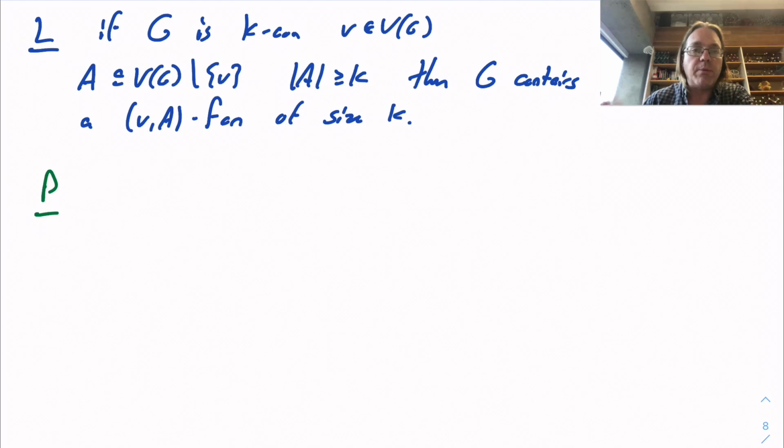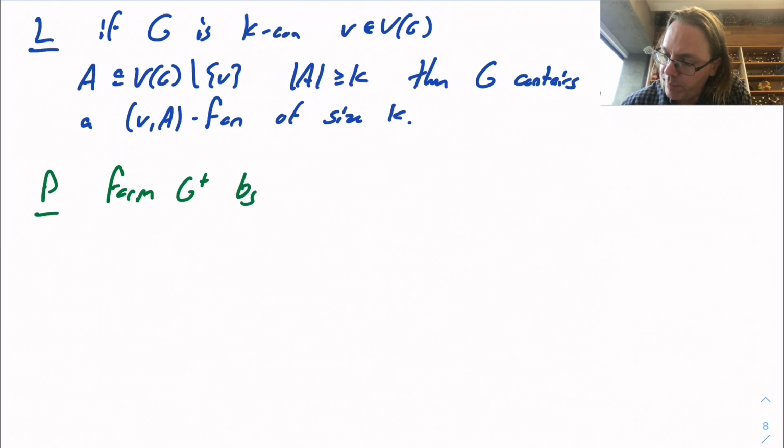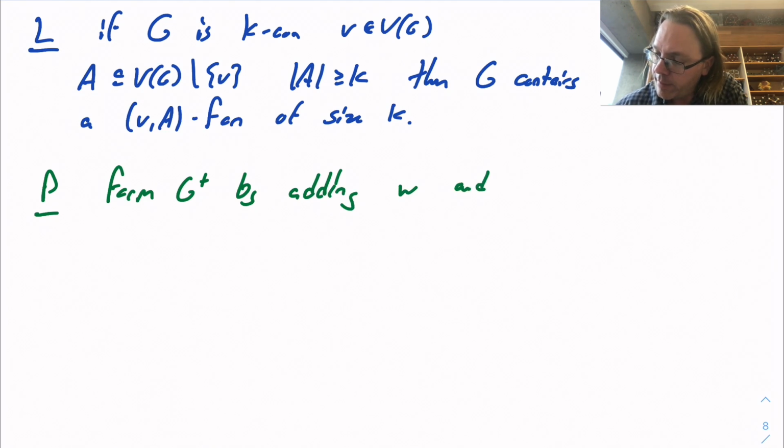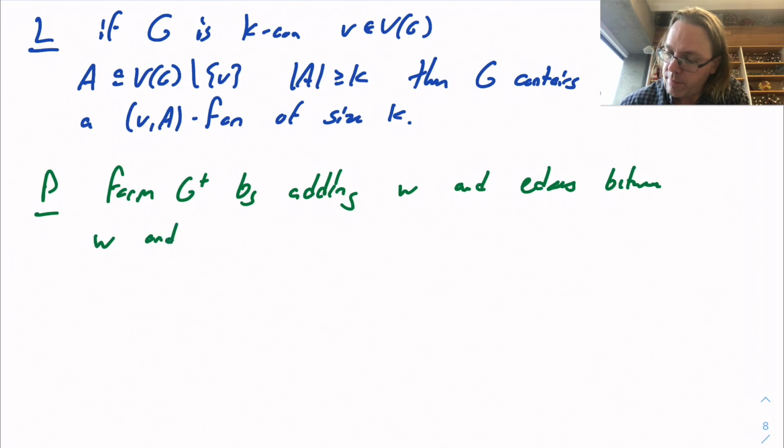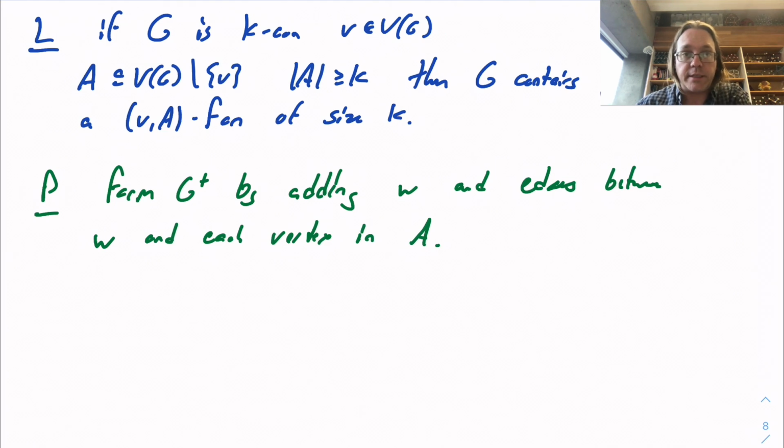I will take this graph G and add a new vertex joined to A. So I'm going to form G plus by adding a vertex W and edges between W and every vertex in A. Because A has size at least k, this graph G plus is going to be k-connected.